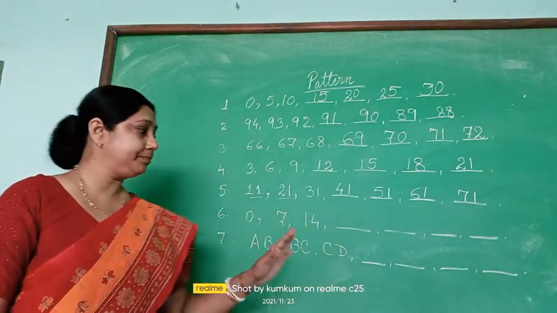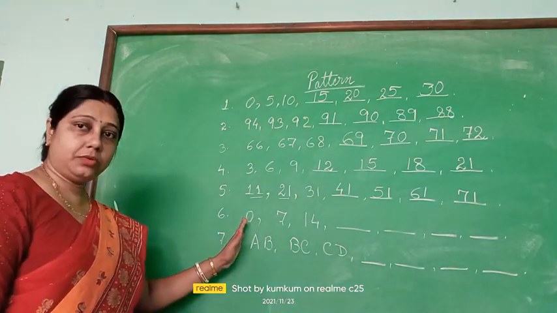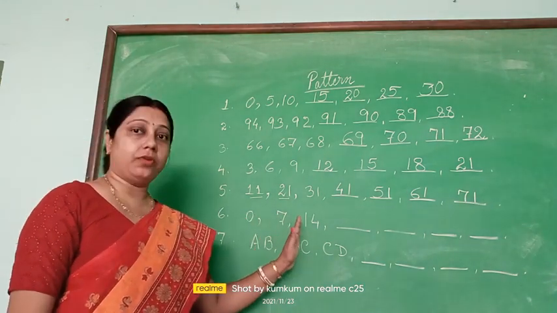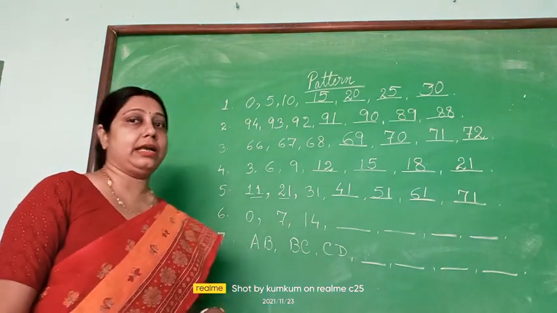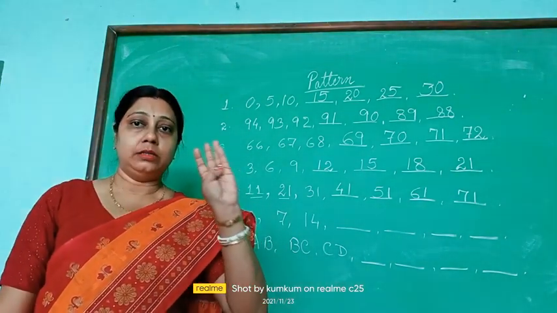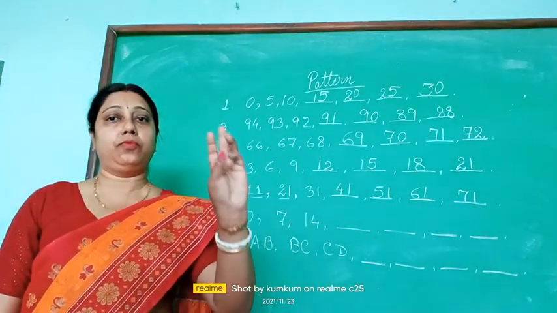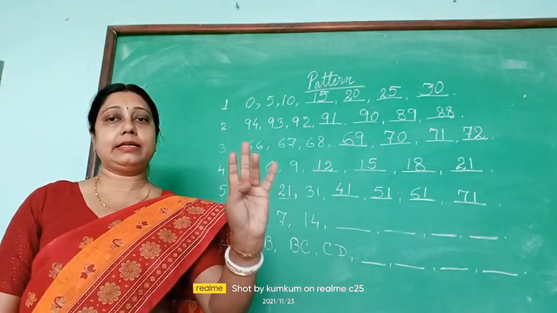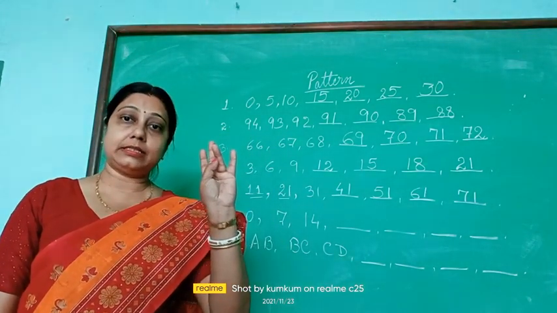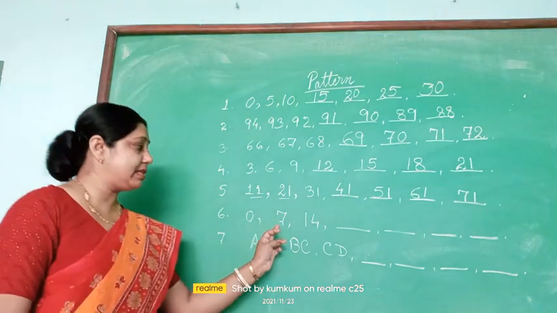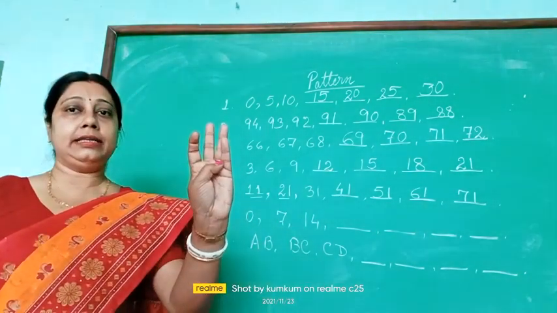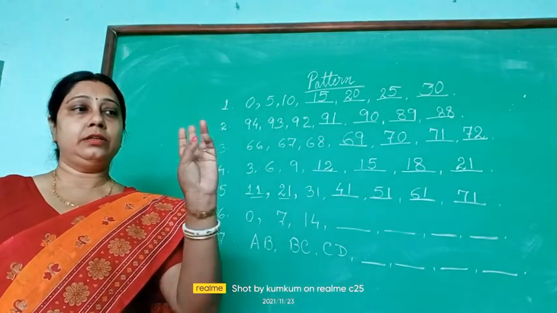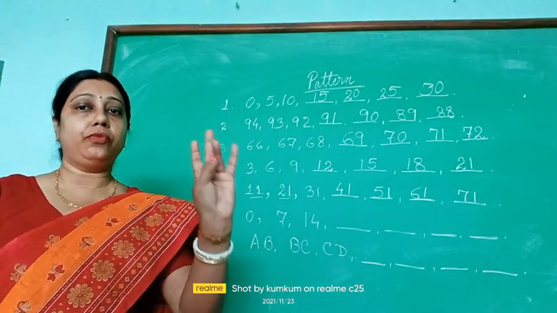Now next one, see 0, 7, 14. That means we have to see how much it is keeping. After 0, 1, 2, 3, 4, 5, 6, 7. That means it is keeping in 7. So after 7, let us confirm it. After 7, 8, 9, 10, 11, 12, 13, 14.